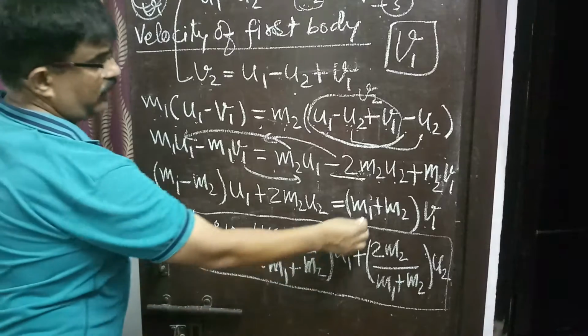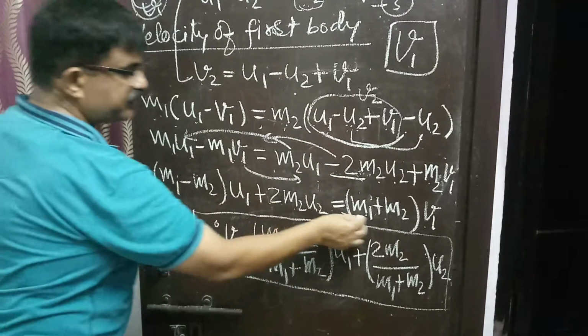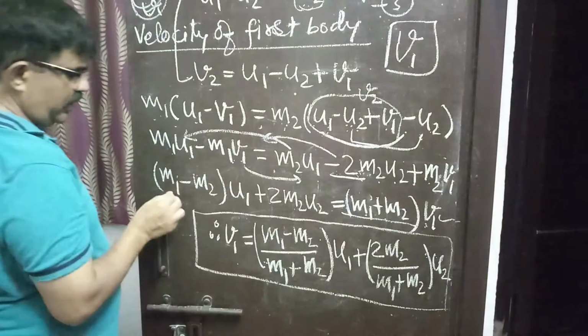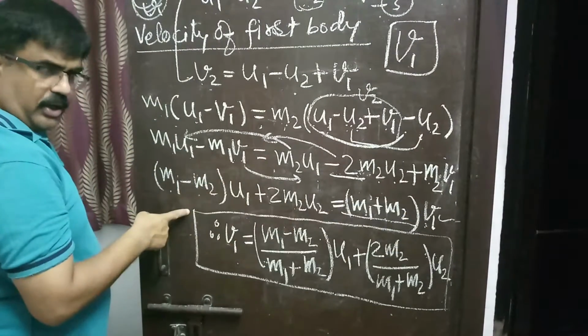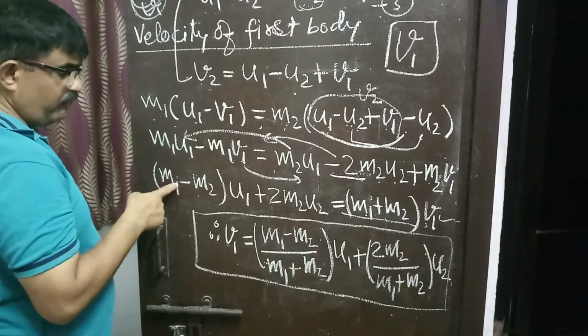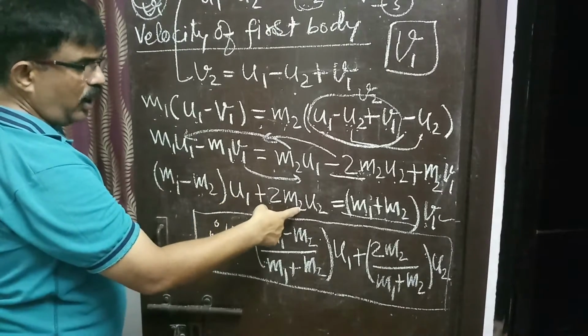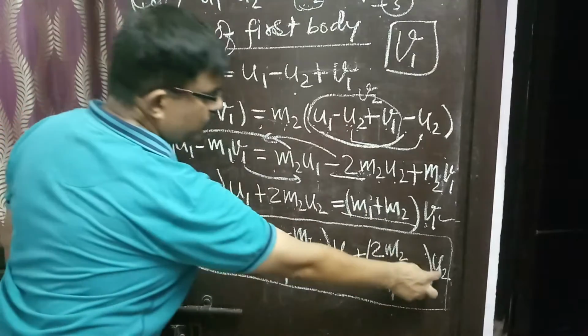Now by cross multiplication we will have the value of v1. Hence v1 equals (m1 minus m2) upon (m1 plus m2) into u1, plus 2m2 upon (m1 plus m2) into u2.